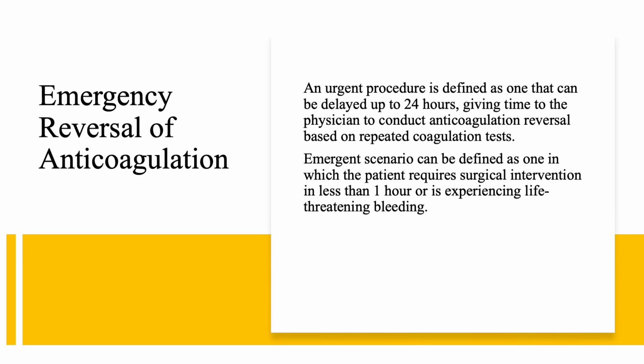Now, if you have an urgent need to reverse the anticoagulation, usually it is defined as one that cannot be delayed more than 24 hours, giving the physician time to conduct the reversal based on repeated coagulation tests. An emergent scenario can be defined as one in which the patient requires surgical intervention in less than 1 hour of experiencing life-threatening bleeding.